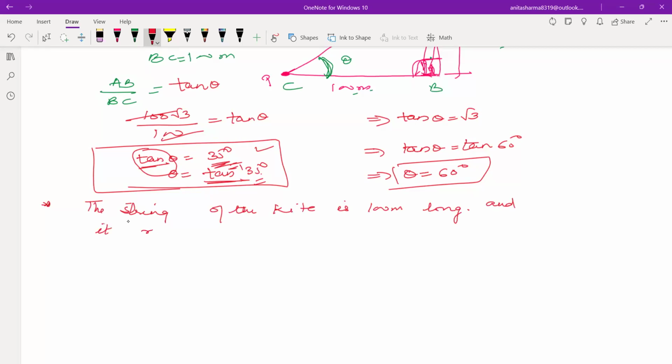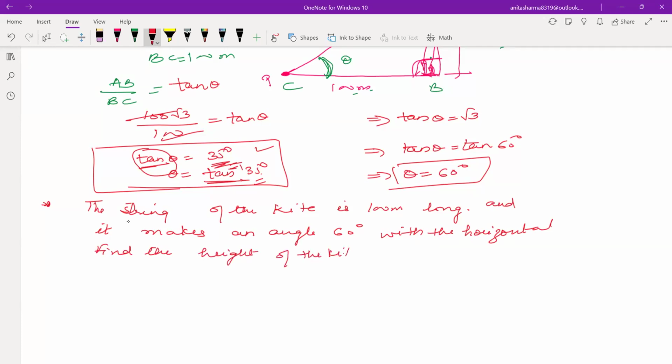And it makes an angle of 60 degree with the horizontal. Find the height of the kite, assuming that there is no slack in the string.